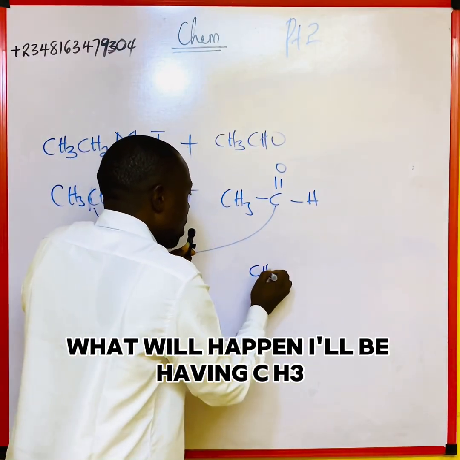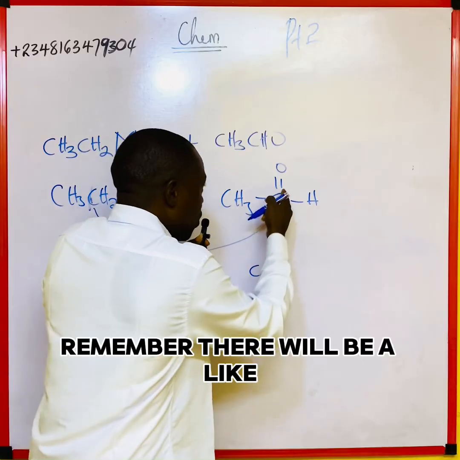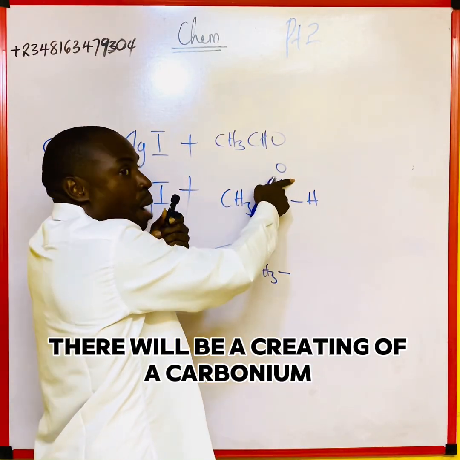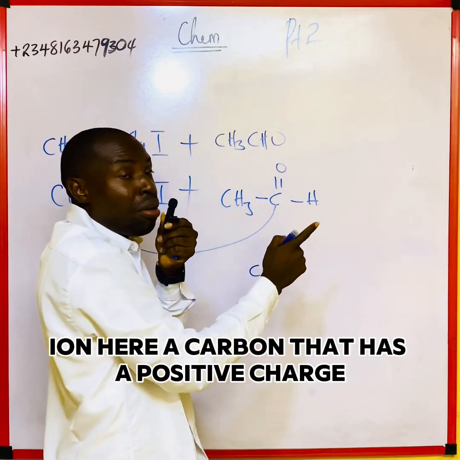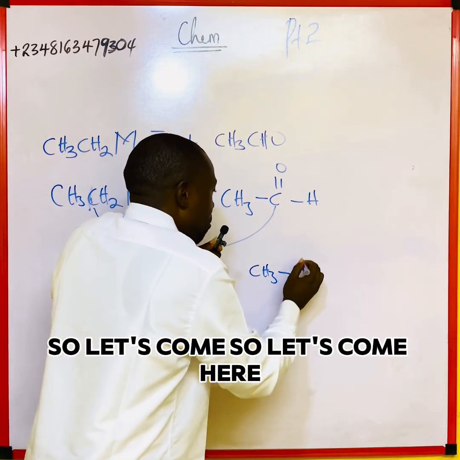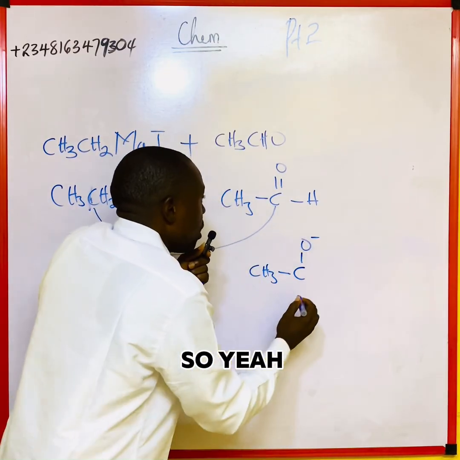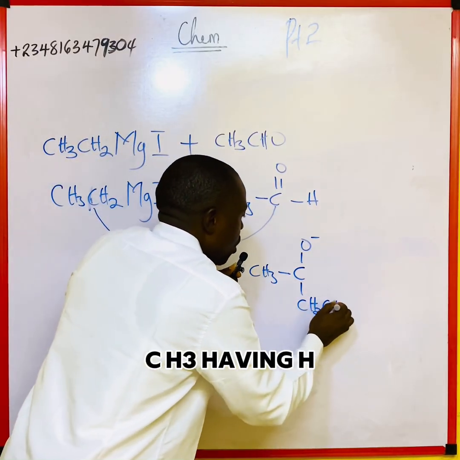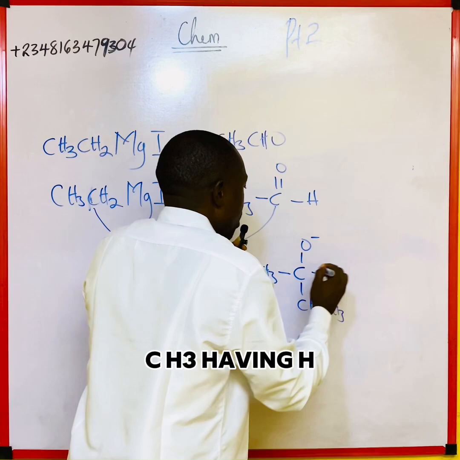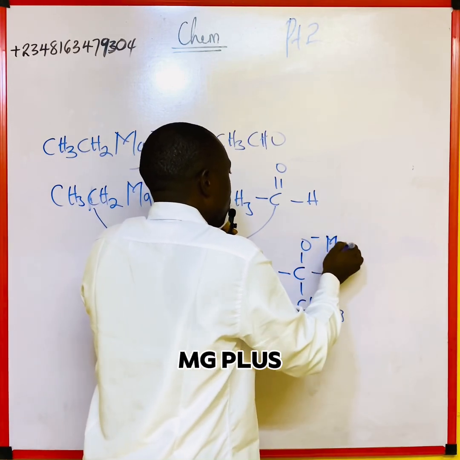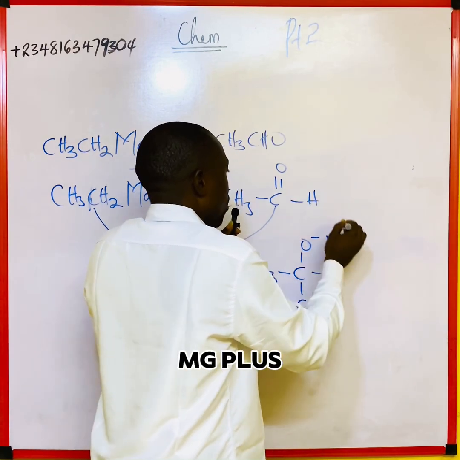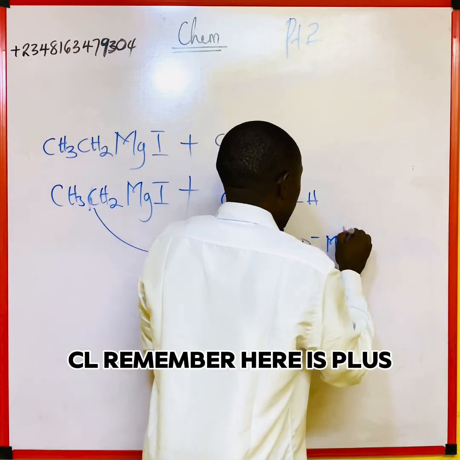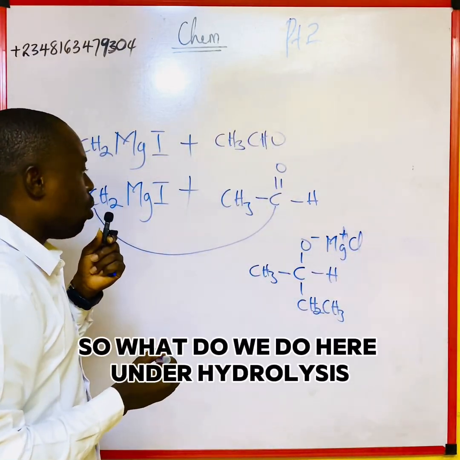I'll be having CH3, and remember there'll be a creation of a carbonium ion here, a carbon that has a positive charge. So here I'm having CH3CH2CH3 with OMg plus, let's say MgI. Remember, here is plus. So what do we do here?